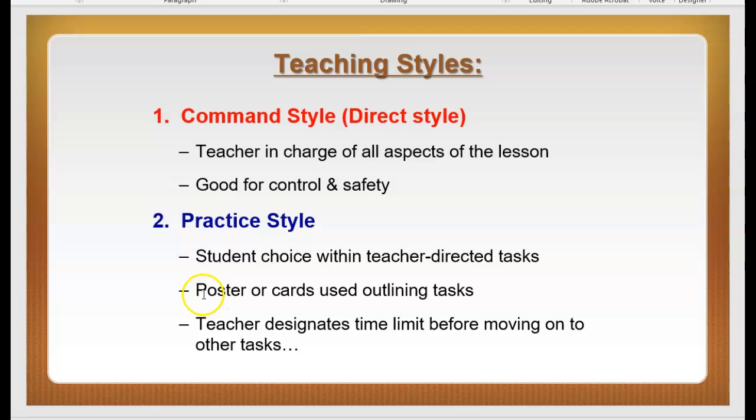You might provide stations for students to learn. So there's a poster or card outlining the task, and when they're in each specific station, they'll be doing a different task, and the teacher can monitor and provide corrective feedback as they see it necessary. In a basketball unit, this could be one goal they're working on shooting free throws, one goal they're working on shooting layups, another area they're working on dribbling, right?